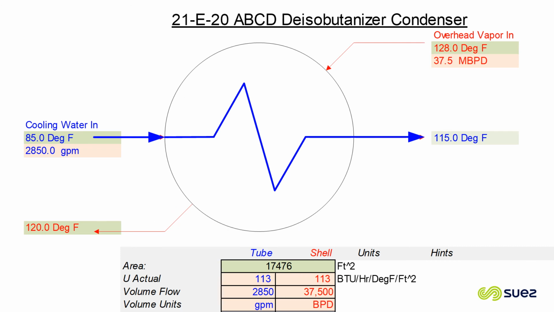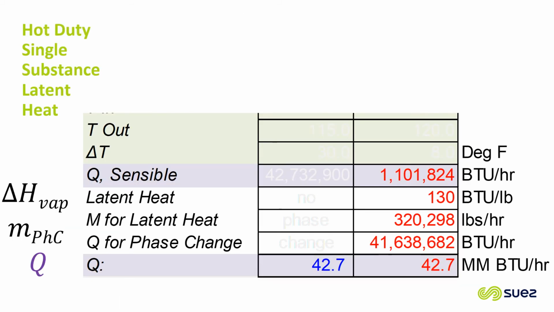Here's our E20s again, and we're going to go back to calculating the latent heat there. So just like the tea kettle, if we want to do a single substance latent heat, we can look at the amount of heat condensed, the latent heat for that per pound for that substance, and multiply it out.